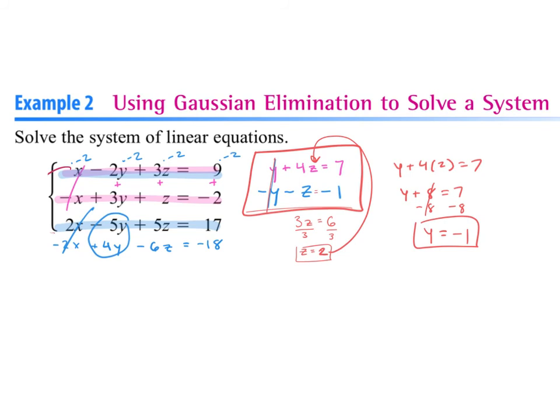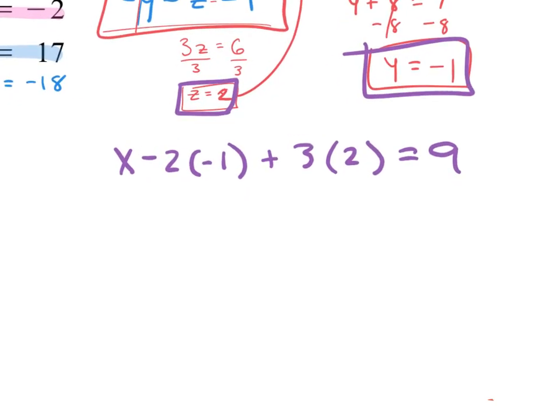Plug it into one of the original equations. Now we're going to plug in our z and our y to solve for x in one of the originals. So which one do you want to work with? First one. So we have x minus 2y, so 2 times negative 1, plus 3 times 2 is equal to 9. Got to multiply.